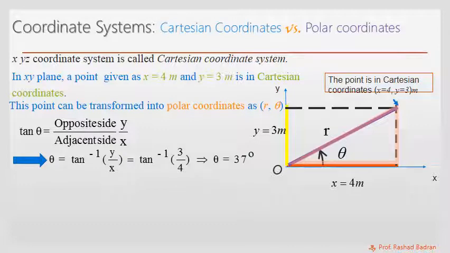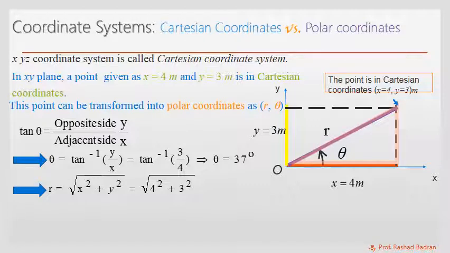However, the magnitude r is obtained from the Pythagorean theorem, where r equals square root of the sum of the squares of x and y, which is equal here to 5 meters.